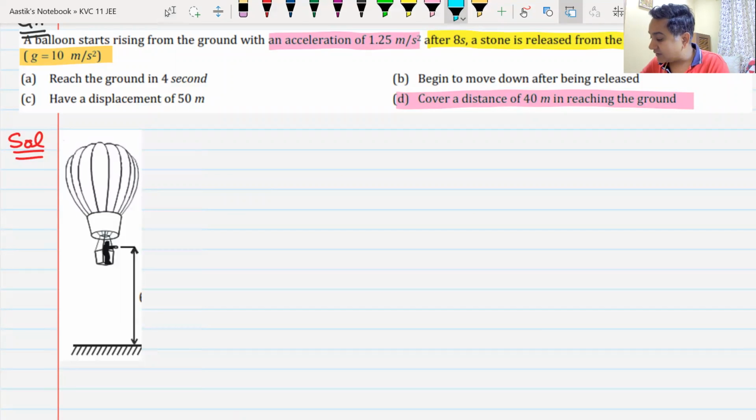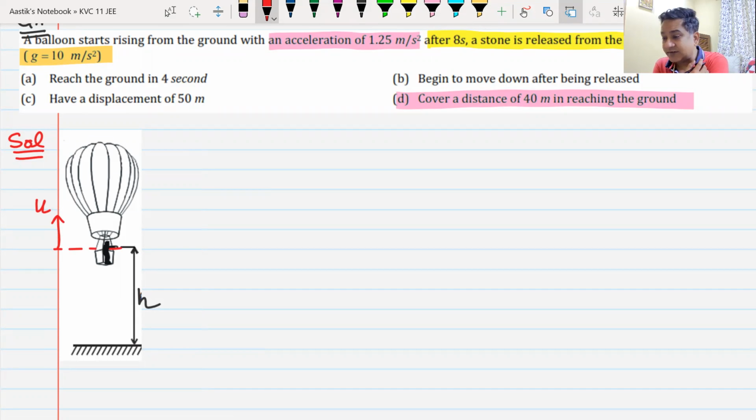Let me call this height h, and let me call the velocity at this point u. How am I going to find out this h and this u? There must be something given that will help me in finding it out.